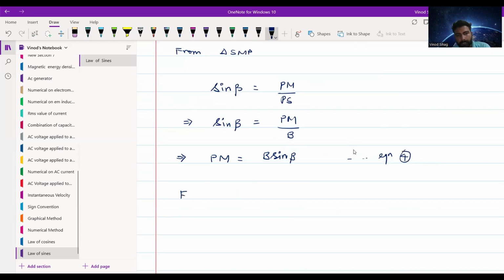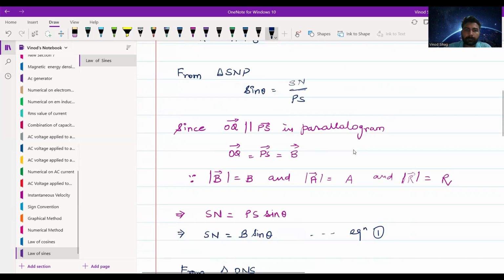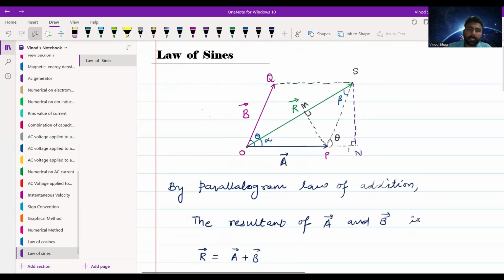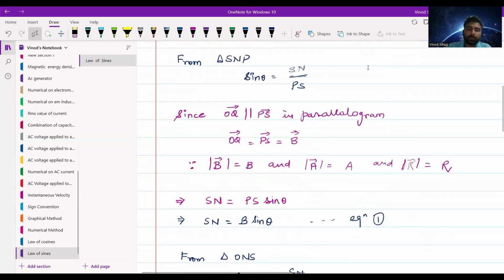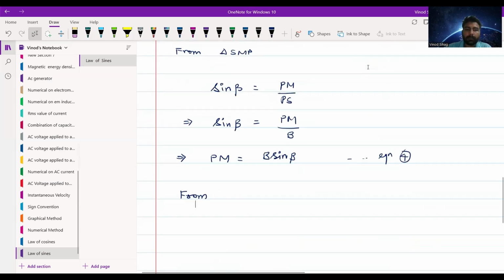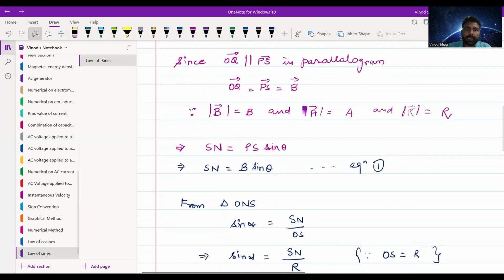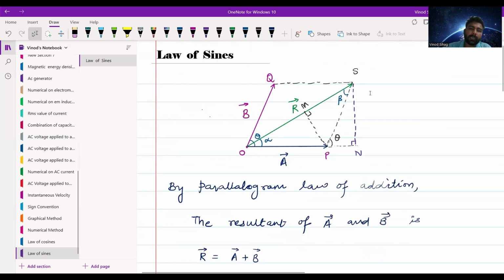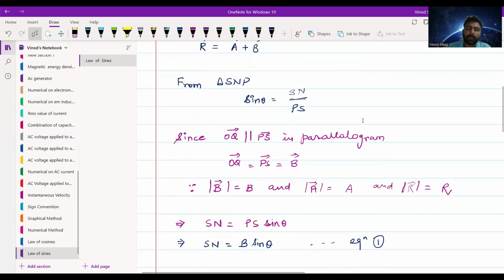And now from the triangle PMO, what can we get? We get that sine alpha equals PM upon OP.